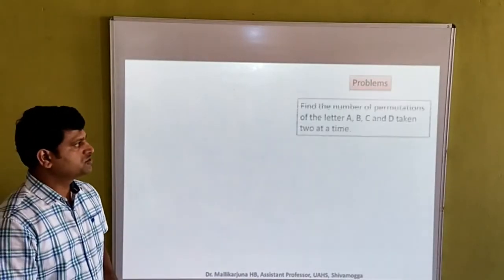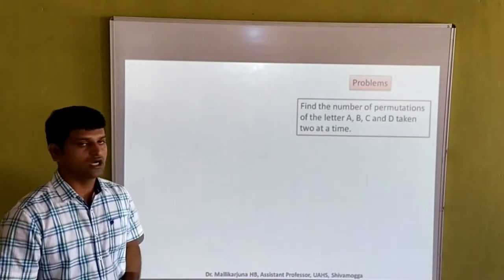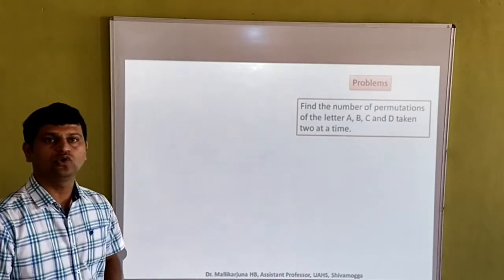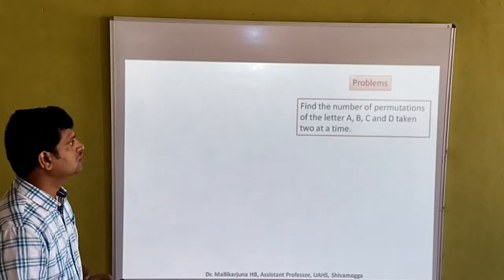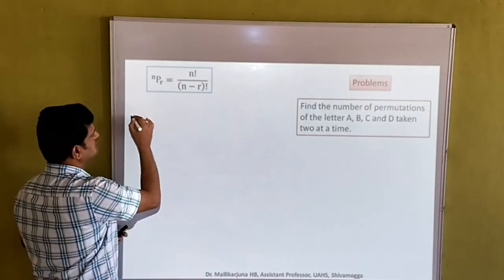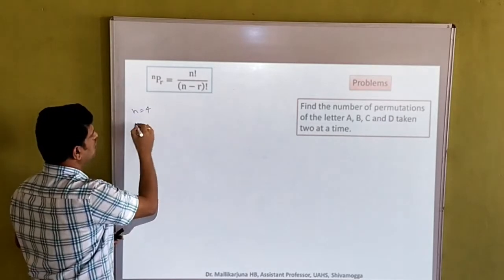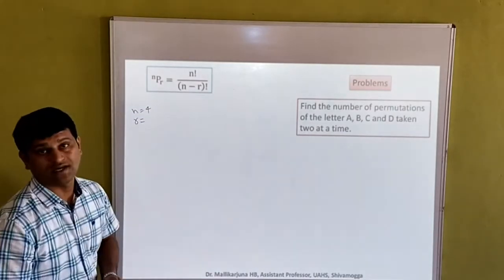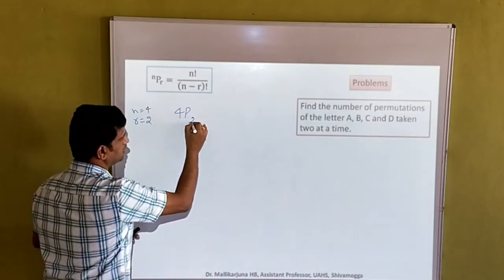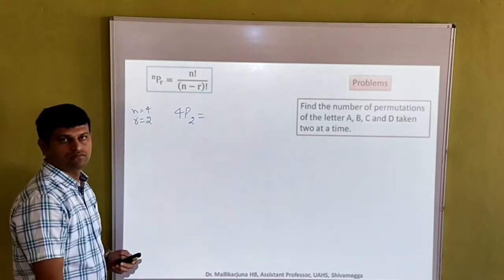Come to another problem. Find the number of permutations of the letters A, B, C and D taken two at a time. So this is the formula. For this, n is 4, r is 2, two letters at a time. So 4P2.